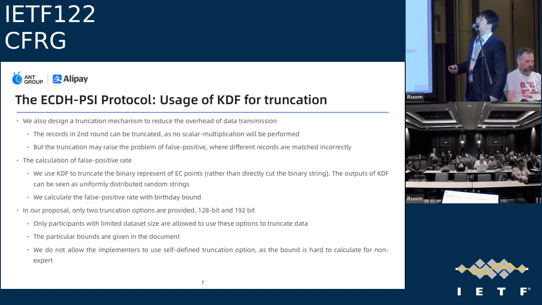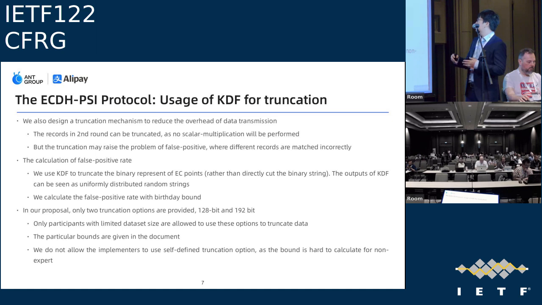We also use KDF for truncation. That means we also design a truncation mechanism to reduce the overhead of data transmission. And the data in the second round can be truncated as no scalar multiplication will be performed after that round. But the truncation may also raise the problem of false positives, where different records are matched incorrectly. We also calculate the false positive rate, and we use KDF functions to truncate the binary representation of EC points rather than directly cutting the binary string.